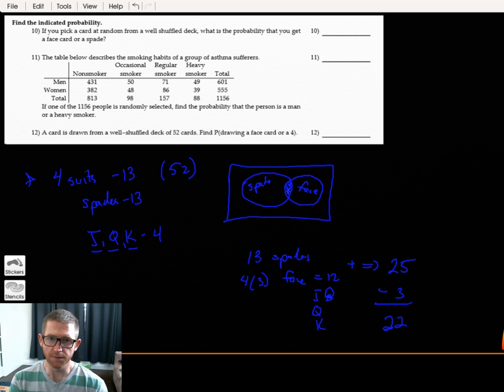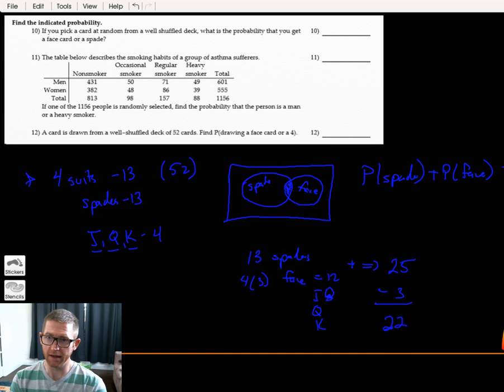To calculate the probability of two things that are not mutually exclusive, two things that can happen at the same time, you calculate the probability of the first one, add the probability of the second, and then subtract the probability of those two things happening at the same time.